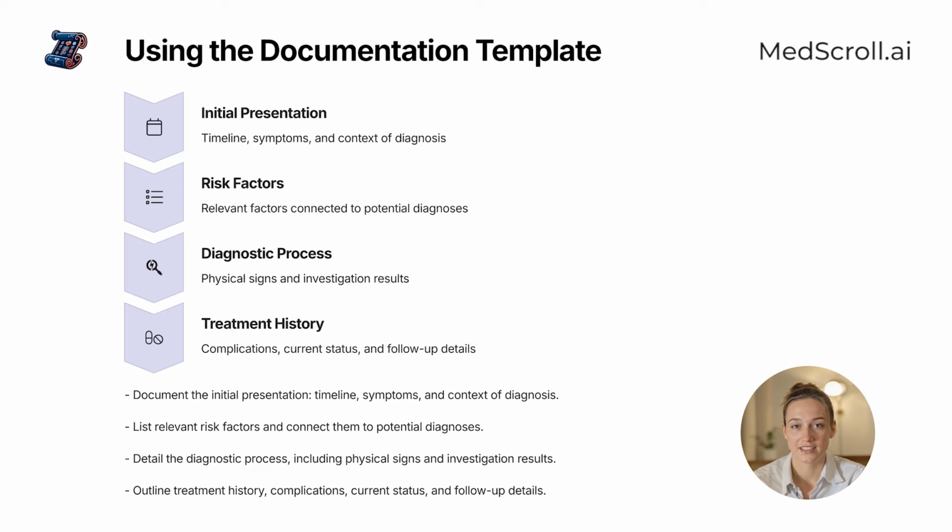Connecting these factors to potential diagnoses, detail the diagnostic process by recording key physical signs and investigation results that confirm the severity and nature of the condition. Also, outline the treatment course, from initial intervention to current management, along with any adjustments, side effects, or complications such as hospital admissions.